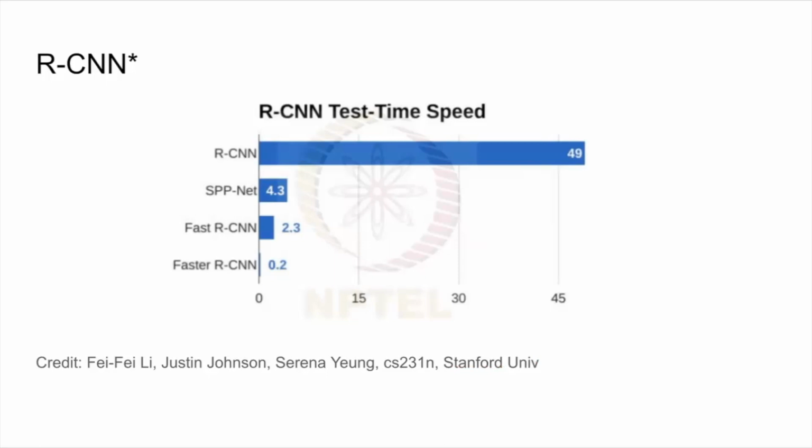I would say that the faster RCNN is 200 times faster than the RCNN. That's like 0.2 seconds, bam, you got the objects in an image, right? Great.